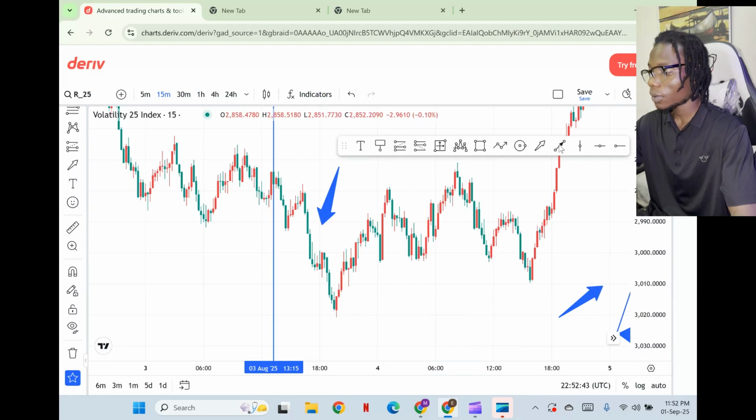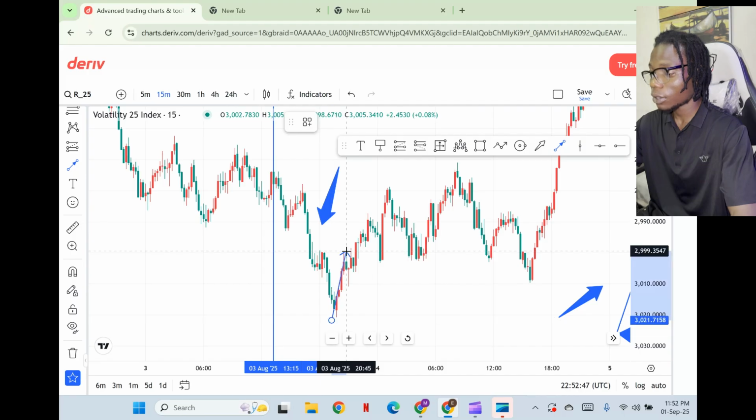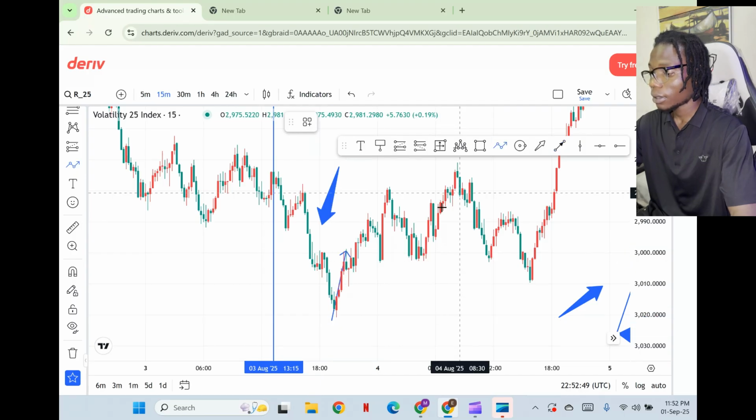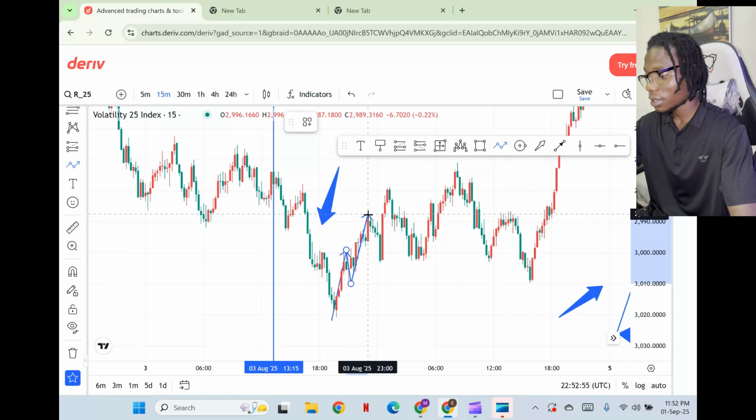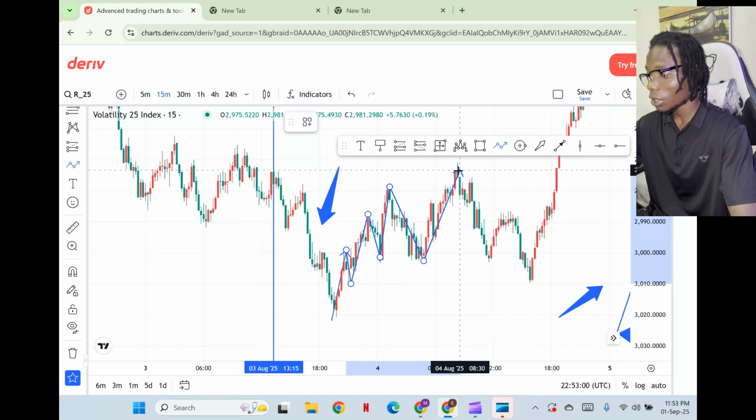You can see we are in an uptrend: price going up, came down, went up, broke this high, went up. You can see the chart pattern, guys. The chart keeps moving to the upside.